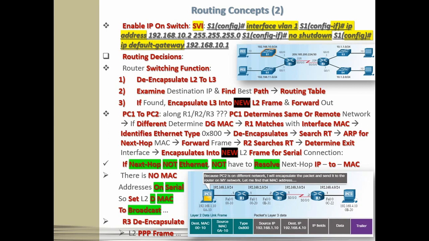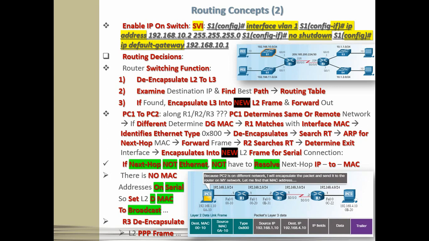And R3 now needs to de-encapsulate the data link PPP frame in order to expose the IP packet itself. What happens is that R3 searches the routing table as before for the destination IPv4 address of the packet, that is 192.168.4.0/24 for the network, and the 10 for the destination IP address here, PC2.